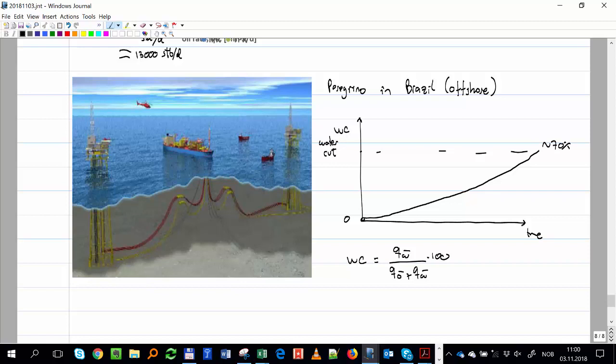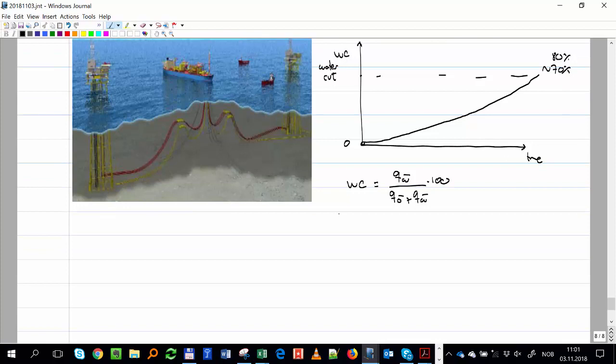They were producing up to 95% because it was a land operation. But for offshore, when we reach around 70 or 80% tops, it's already too much water that you have to process, that you have to separate. So the oil that you get out of it is not really very much.